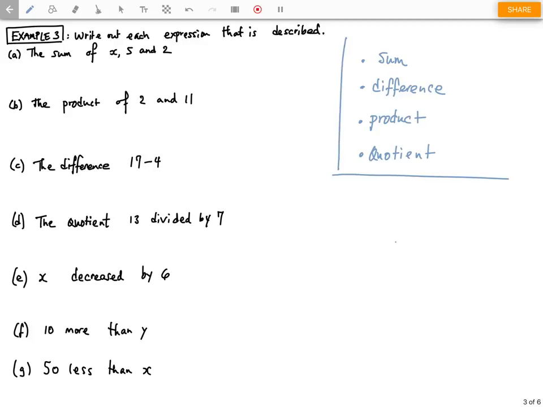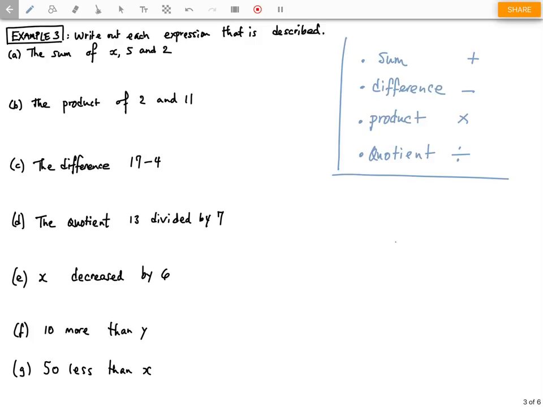If you see or hear the word sum, that means to simply add. If you see or hear the word difference, it means to subtract. If you see or hear the word product, it means to multiply. And if you see or hear the word quotient, it means to divide.